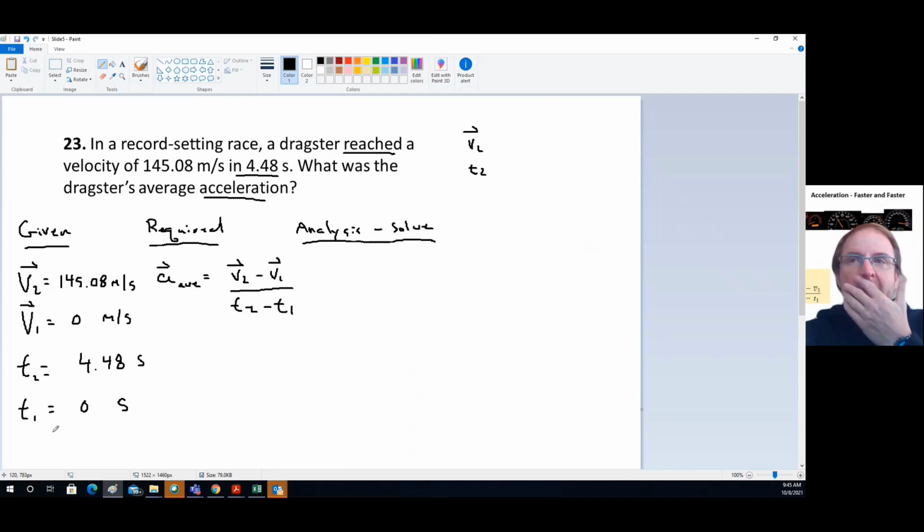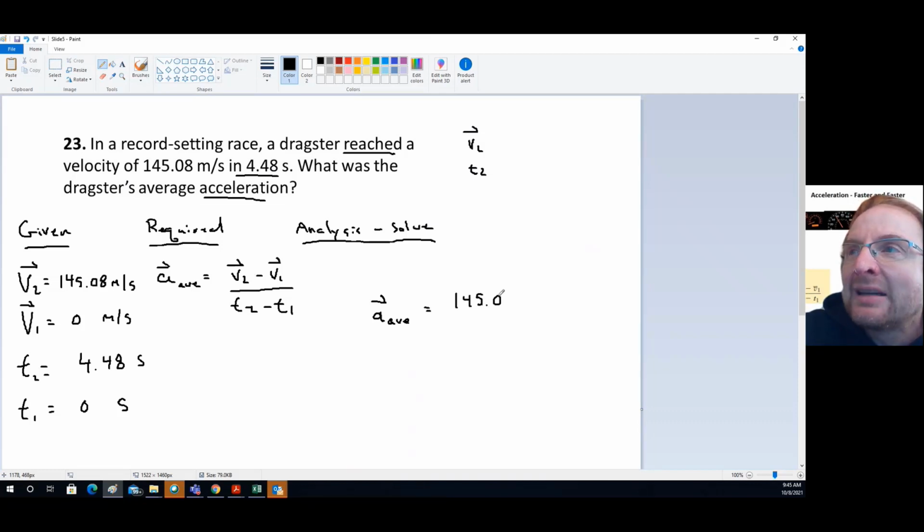Again, go right ahead and try to solve this on your own. You might have already paused it and you're just watching to make sure you got it right, so that's great. Just plug it in. Tell yourself a_av is just a way to say acceleration. V2, so 145.08 meters per second, subtract 0 meters per second.